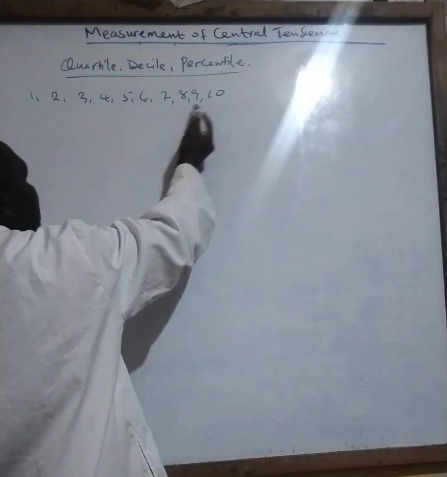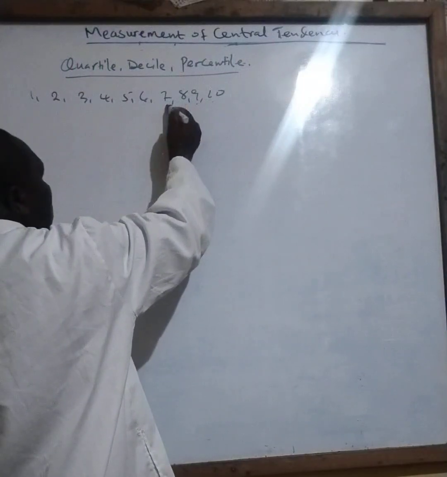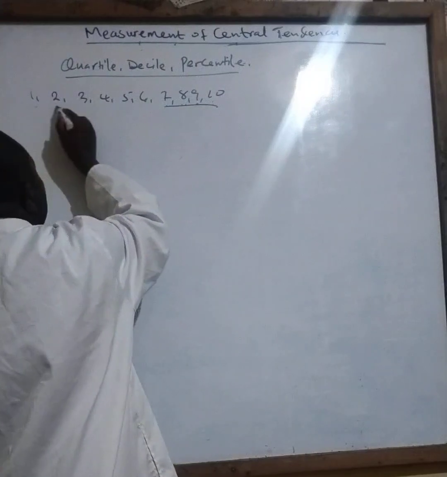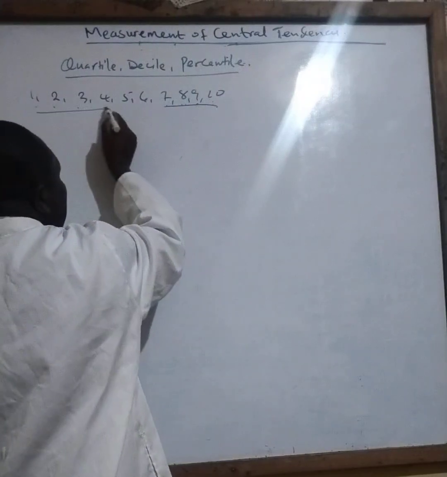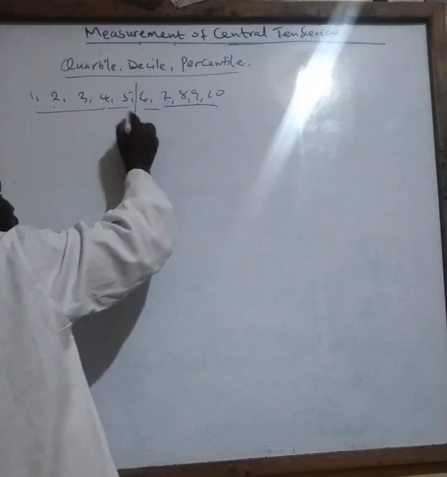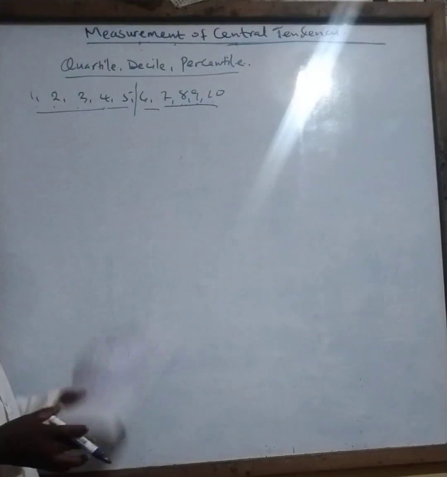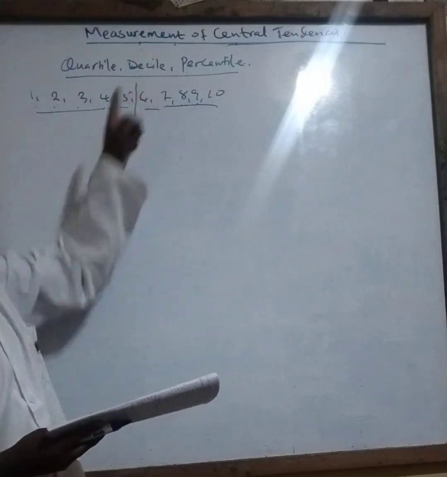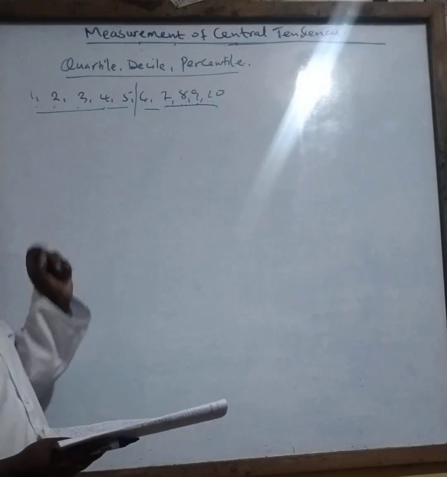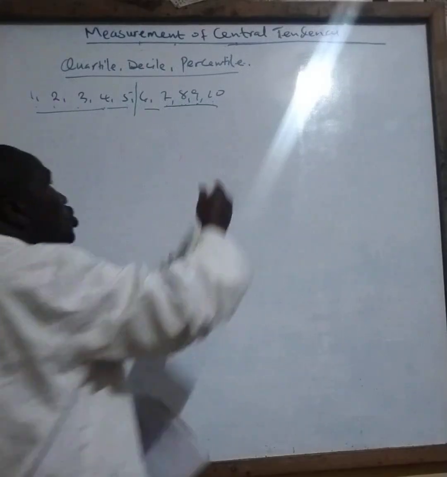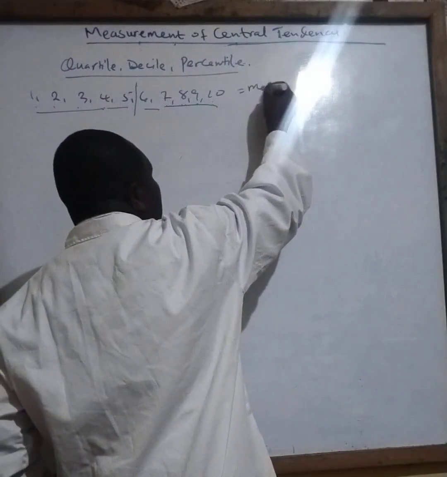So I will come from this side, 1, 2, 3, 4, like that, and from the other side 1, 2, 3, 4, like that. So you can see I don't have the middle. So I have the middle here, but I can get the median automatically by adding these 2. Correct? I've divided the data into 2. When you divide the data into 2, we call that median.